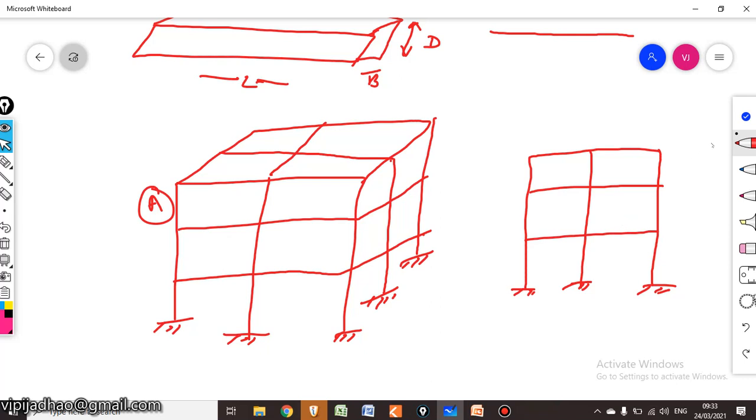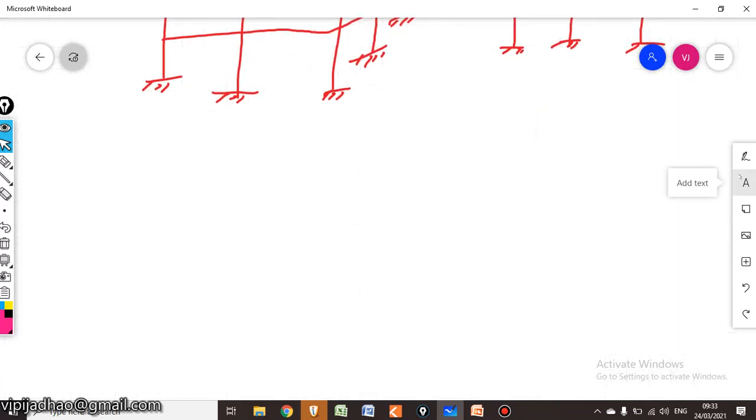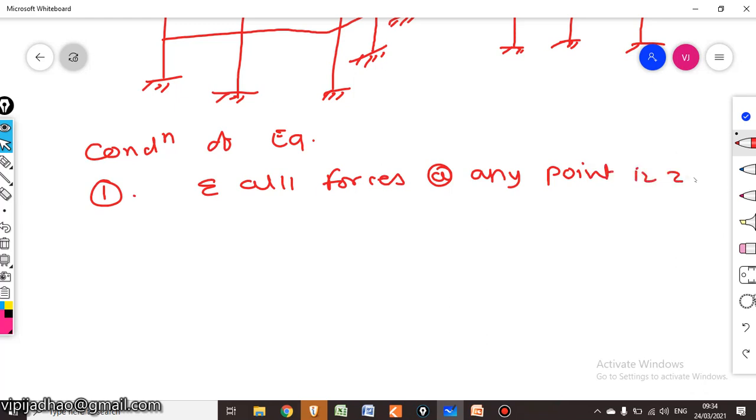Then the next point is conditions of equilibrium. We know there are two conditions of equilibrium. The first one is that the sum of all forces about any point is zero.